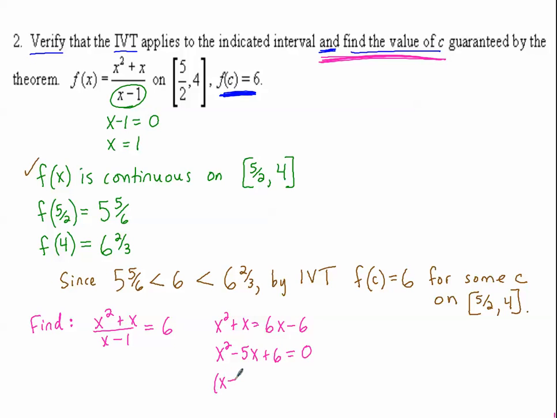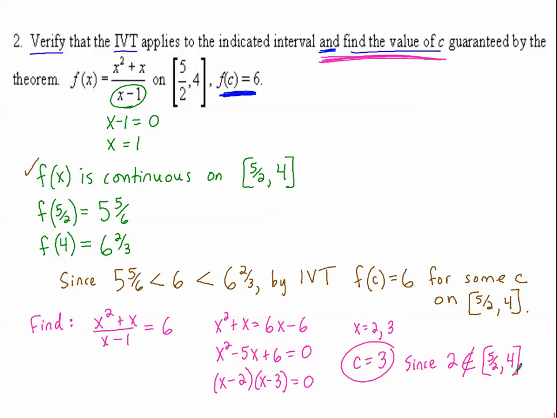And then I can factor, it factors nicely. And I see that x equals 2 and x equals 3. However, it asks for the value of c guaranteed by the theorem on this interval. 2 is not on the interval, so c, our answer to the question, will equal 3. Again, why? It's because 2 is not included in the set of numbers going from 5/2 to 4.